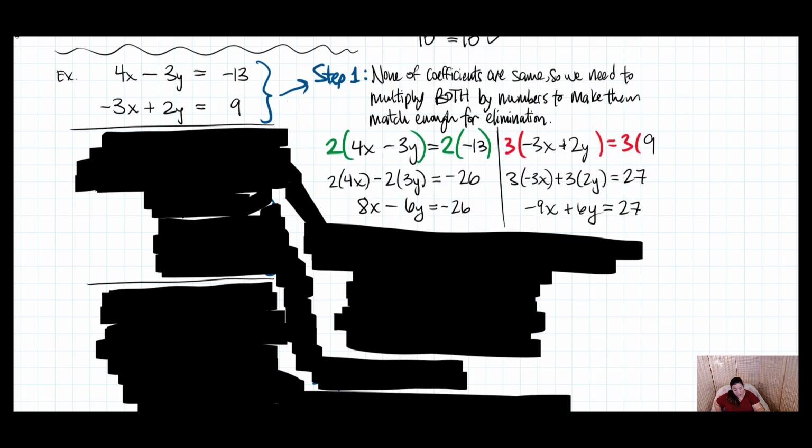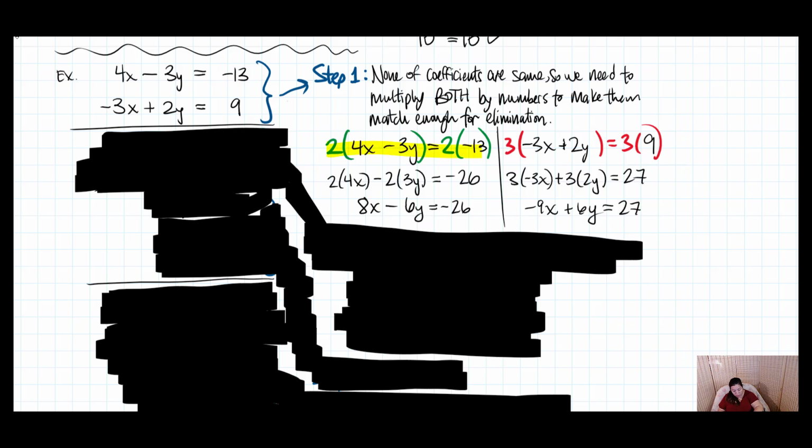So what you actually have to do in this case is multiply both equations by numbers first to make it a more workable solution. So if I took the first equation and multiplied it by 2, and then the second equation and multiplied it by 3, I apologize, there's a parentheses missing.